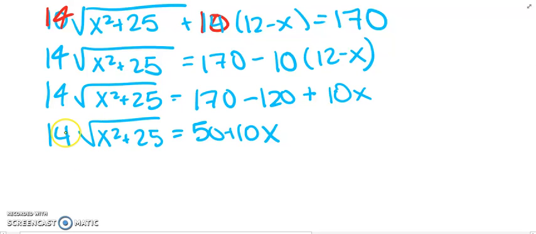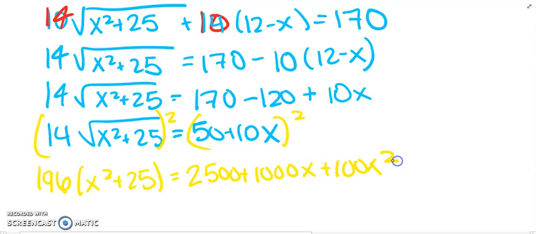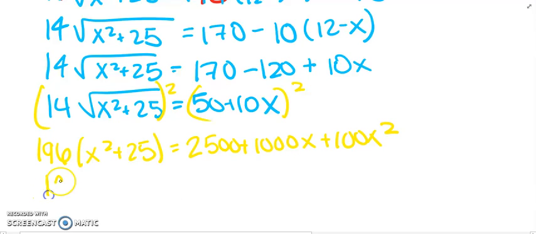I still have a coefficient, and you can divide by that 14 if you want. But we can go ahead and square because I don't have any sort of addition term there. This would give me 14 squared times the square, and square and square root cancel. And then over here, I'm going to have to FOIL. And then this right side, I'm going to distribute.